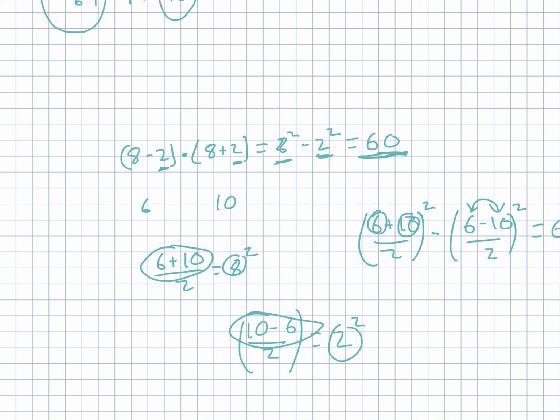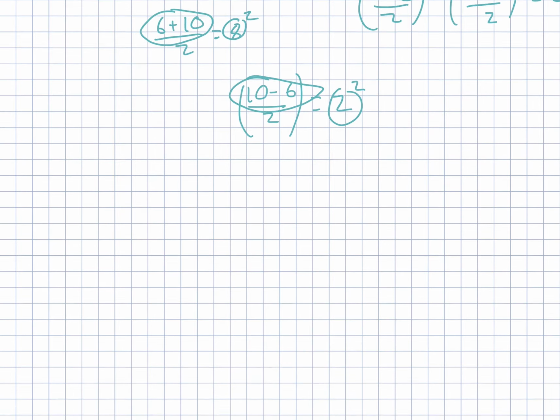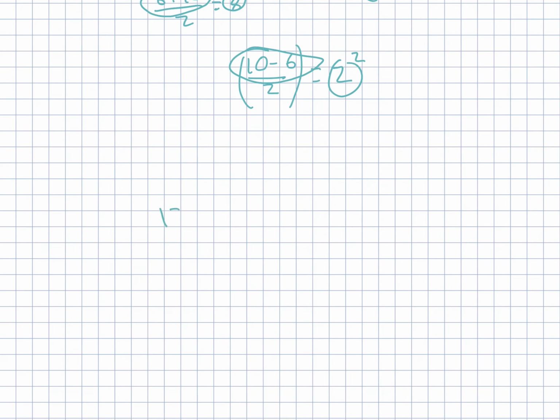This might not be very useful for things like 6 and 10, but it might be pretty useful for numbers like 17 and 33, where you can't really come up with a product for those two numbers very quickly. But if you're able to find a difference of squares, you can find the product pretty quickly.